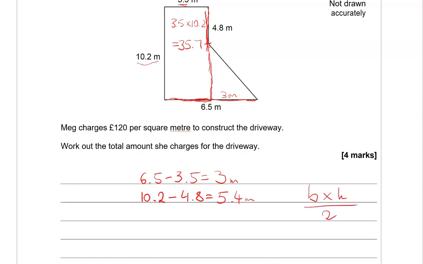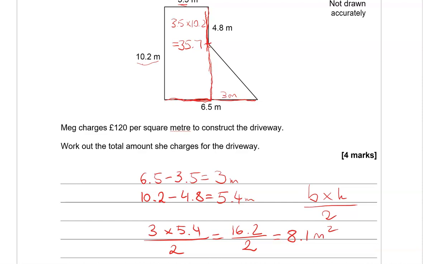So now we can easily work out the area of the triangle, which is base times height divided by 2. So base is 3, height is 5.4, divided by 2. So that is 16.2 divided by 2, which gives us 8.1.